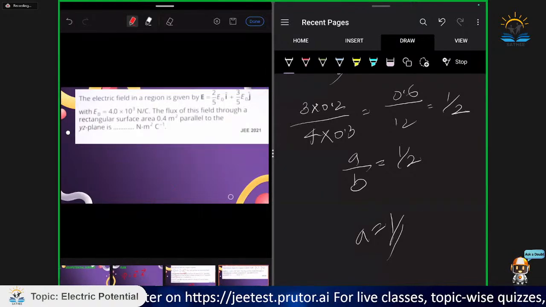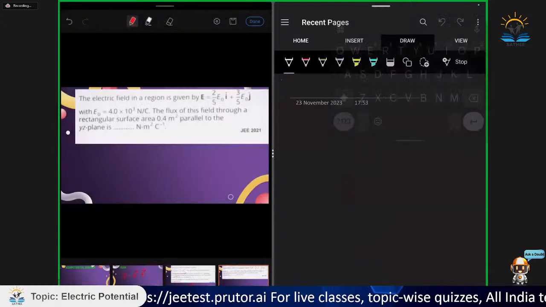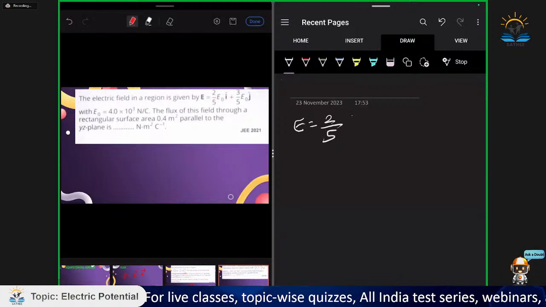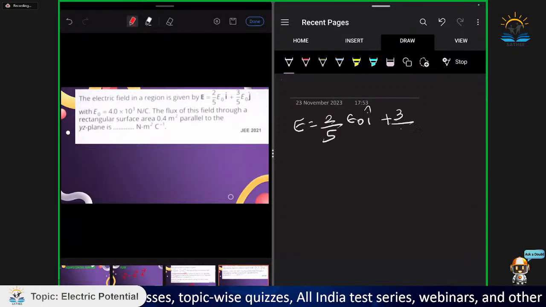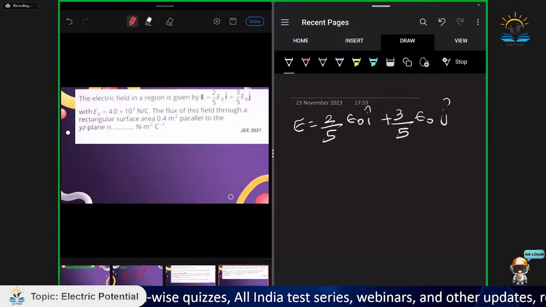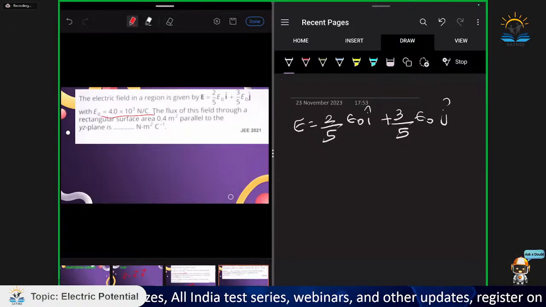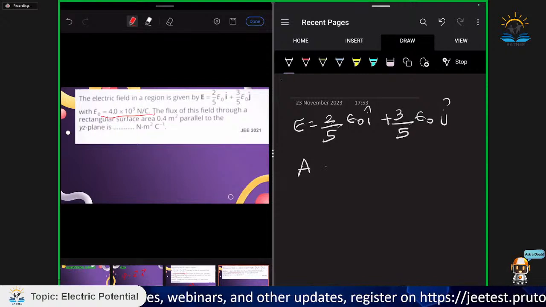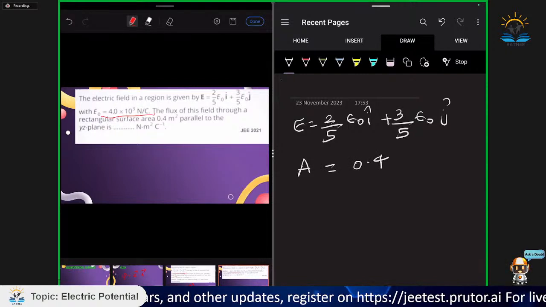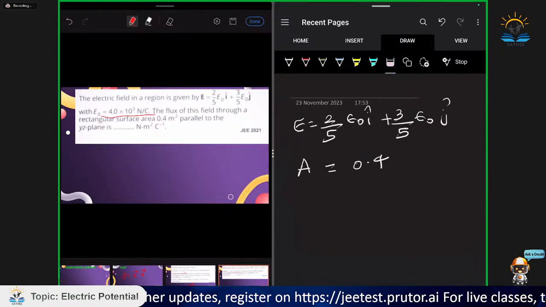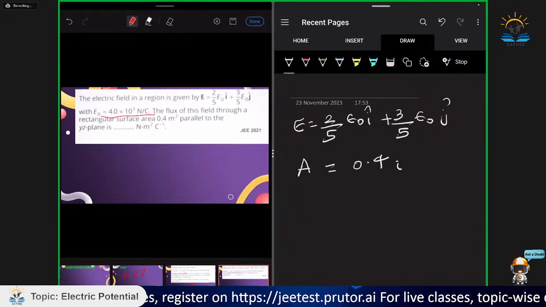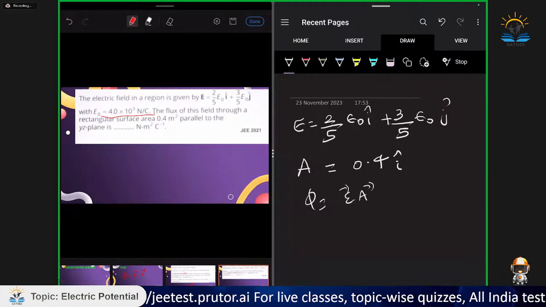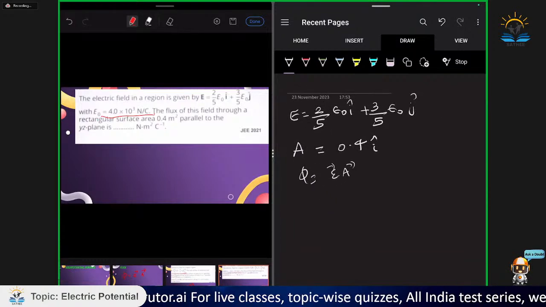Next question. One more question from flux. Given the electric field in a region E is 2 by 5 E0 I cap plus 3 by 5 E0 J cap. The flux of this field through a rectangular surface of 0.4 meter square parallel to the YZ plane. Parallel to the YZ plane means the area vector is along I cap. So flux is E dot A, I dot J is 0, I dot I is 1.